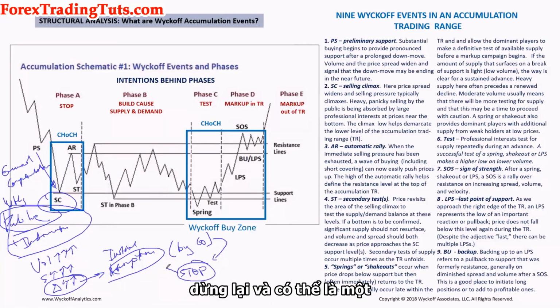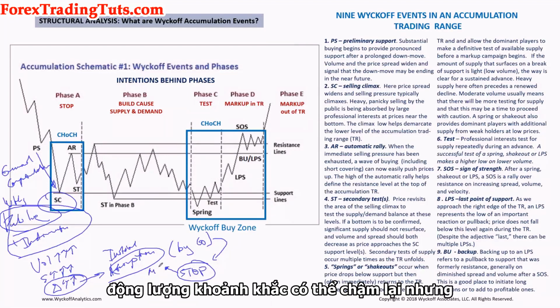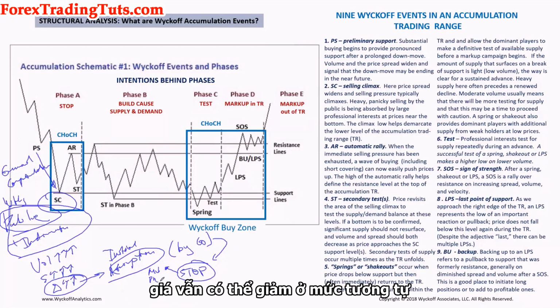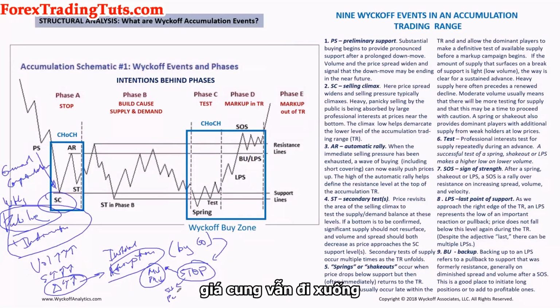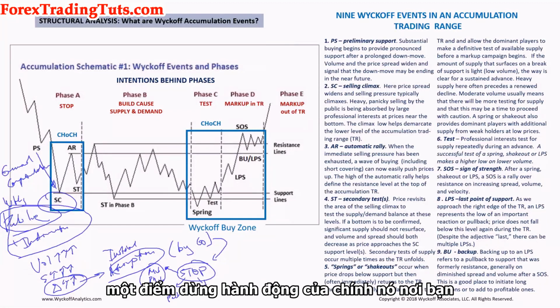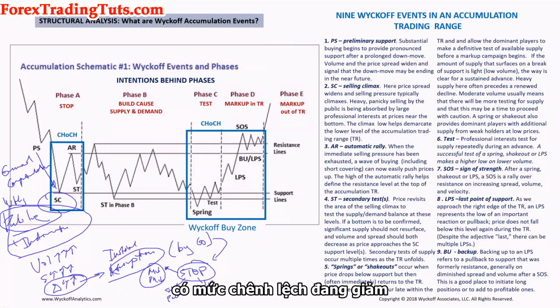And this stopping could have different variations. Momentum could slow down, but price could still go down at the same time. You could have situations where there is a deterioration of the supply, and price still goes down. You could have stopping action by itself, where you have a daily spread that is decreasing significantly, while at the same time the volume signature is spiking up.